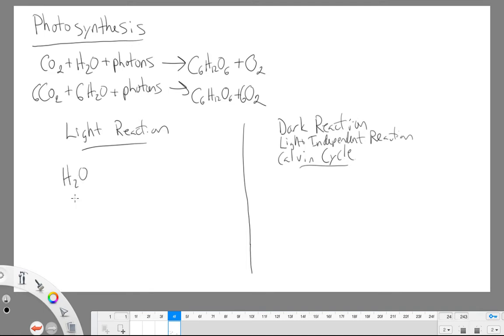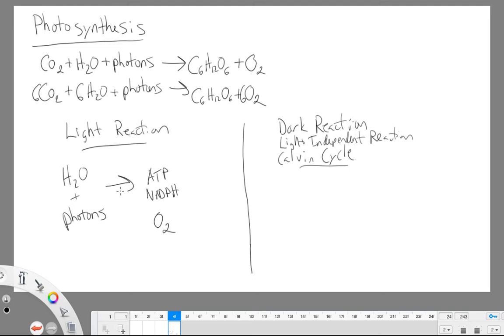H2O and photons, right? Those packets of light energy, the energy from the sun, are being used to create ATP, NADPH, and I'll explain what that is in a little bit, and oxygen. Right, so this is a light reaction. Water and the sun's energy are being used through this process that we're going to look at.